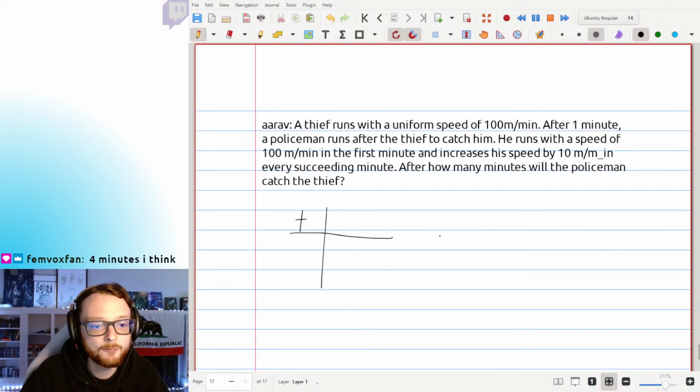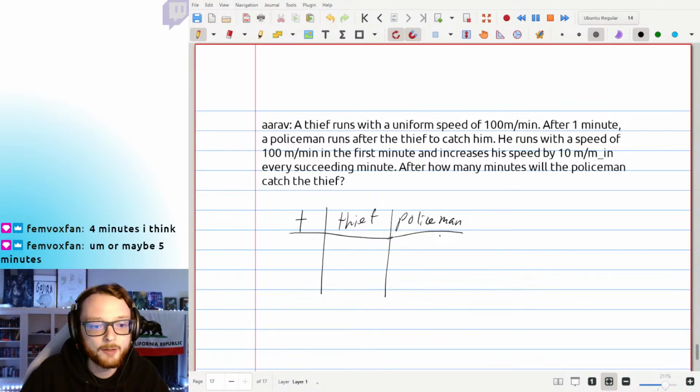We have time, we have thief, and we have policeman. And we're gonna look at it in 1 minute increments, I guess. Or maybe 5.